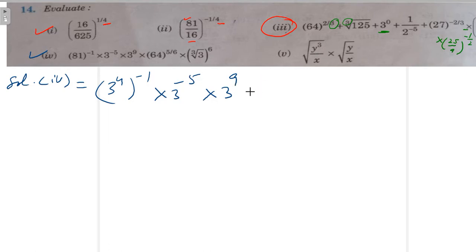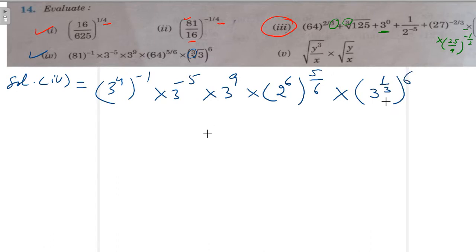Now 64 we can write it as 2 2s are 4, 2 3s are 6, 2 4s are 8, 2 8s are 16, 2 16s are 32, 2 32s are 64. So 2 raised to power 6 upon 5 upon 6, and this multiplied. So again we can write this root as 3 raised to power 1 upon 3, and whole raised to power 6 is there.